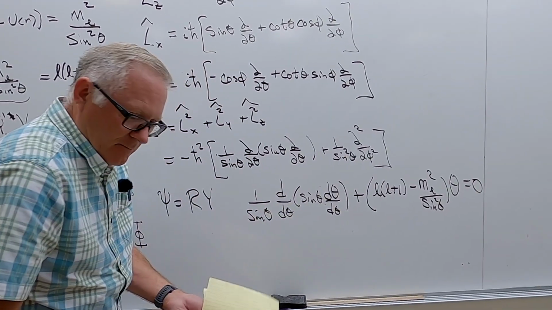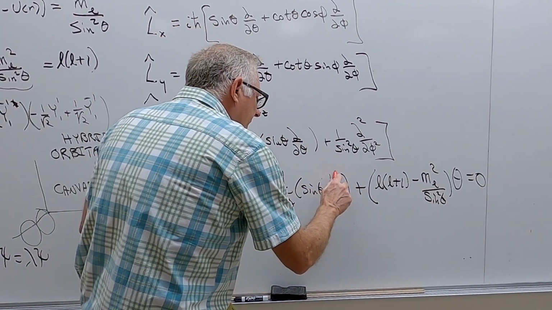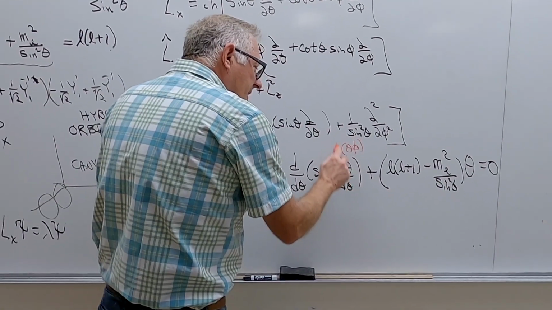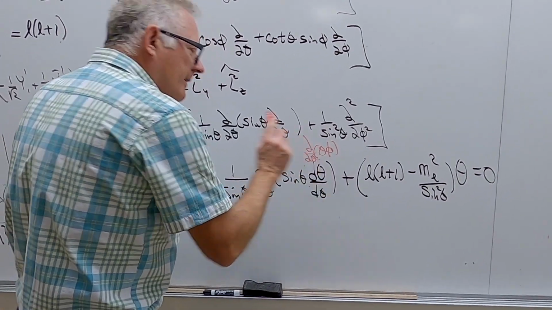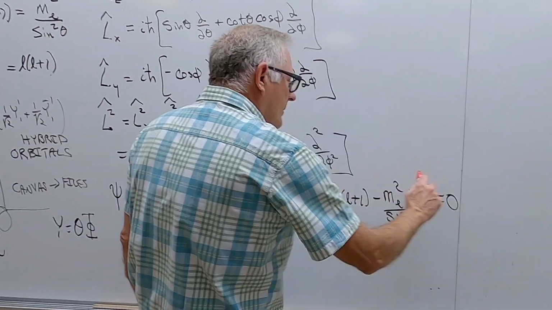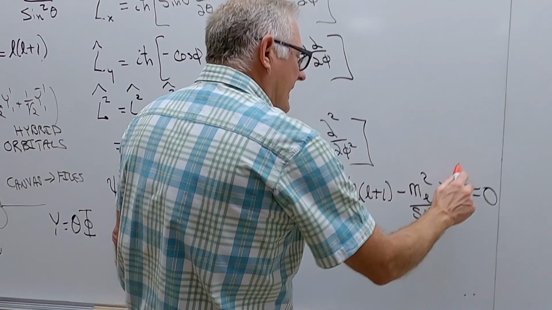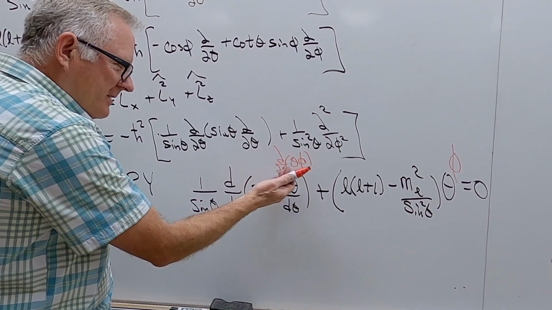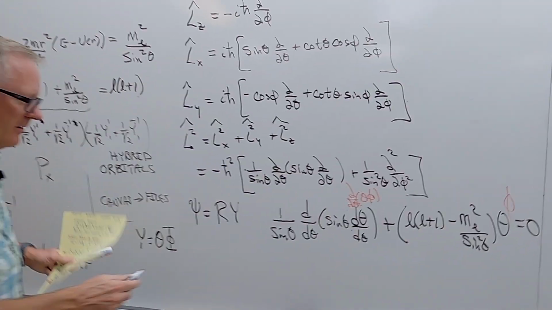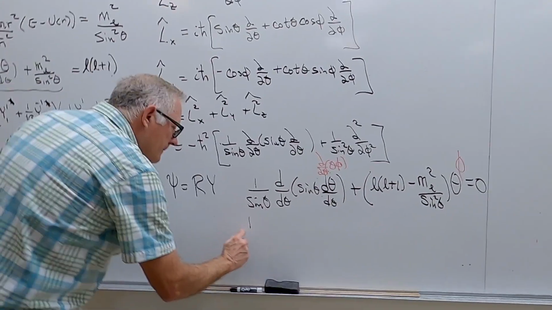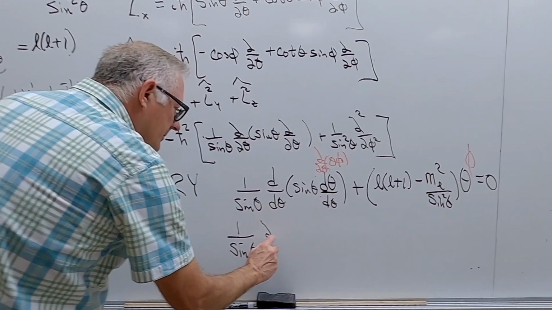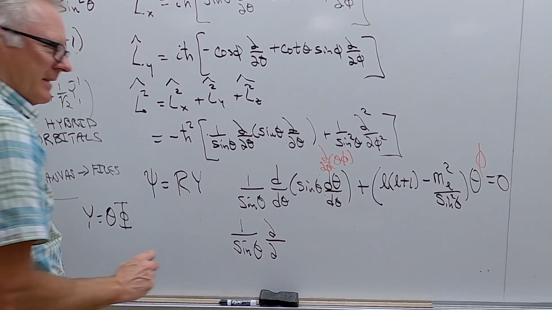I can put it right here, I can put it right there. Theta phi, but turn that into a partial with respect to theta. And I can do the same thing over here. Since I'm multiplying by a phi, I can just make that theta phi. So you notice this just becomes a y, and that just becomes a y. So we end up with 1 over sine theta, and all my derivatives become partials, because we don't want to take the derivative with respect to phi.